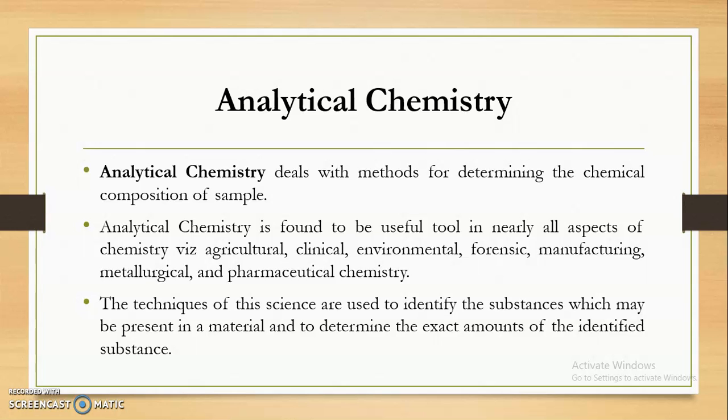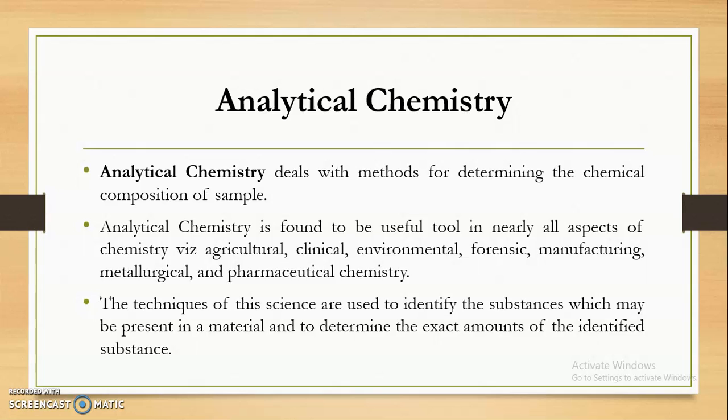For example, one mixture consists of A substance and B substance. So here we will be identifying which substances are present: only A is present, or B is present. And also we will be determining how much amount, meaning 80% of A is present. If 80% is A, then 20% will be B, or vice versa.